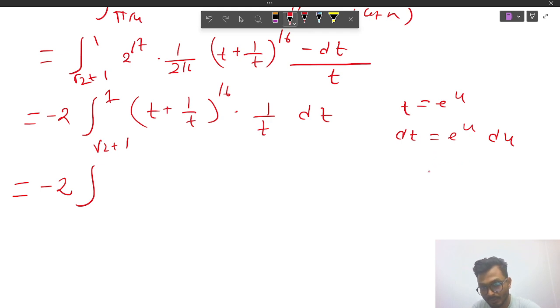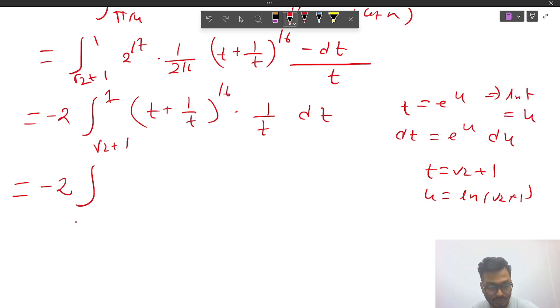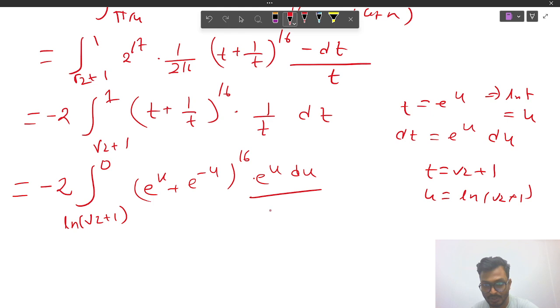When t is root 2 plus 1, u will be ln of root 2 plus 1, because ln t equals u. When t is 1, u will be 0. So t plus 1 by t means (e to the power u plus e to the power minus u) to the power 16 into e power u du upon t, which is e power u. So e power u and e power u get cancelled.